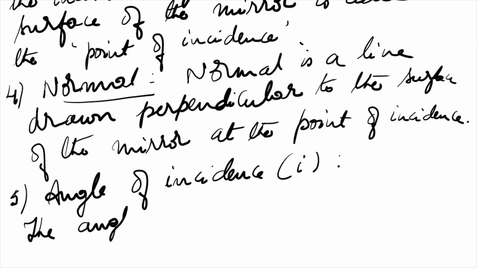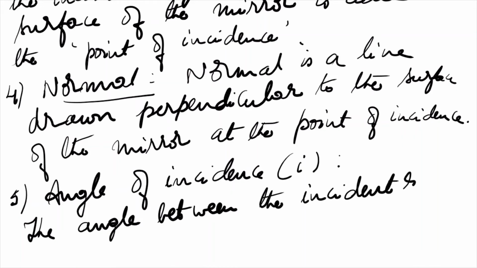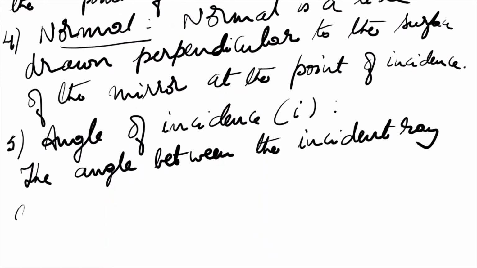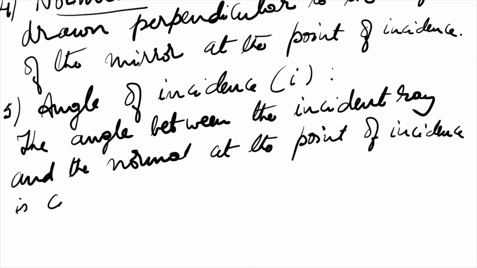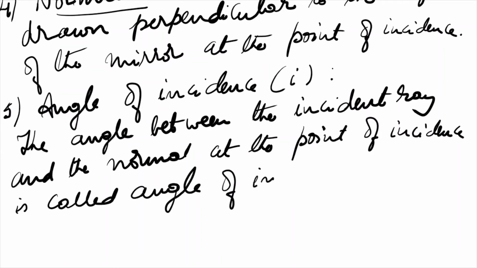The angle between the incident ray and the normal at the point of incidence is called the angle of incidence, denoted by i.